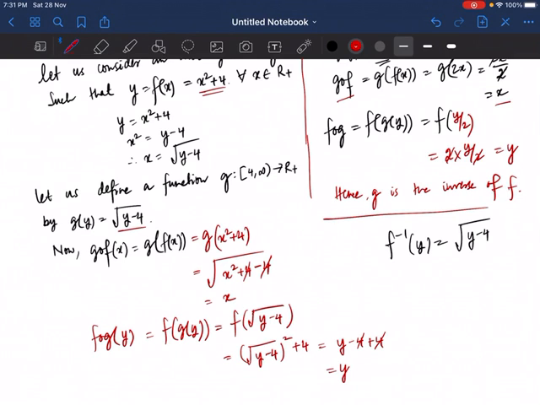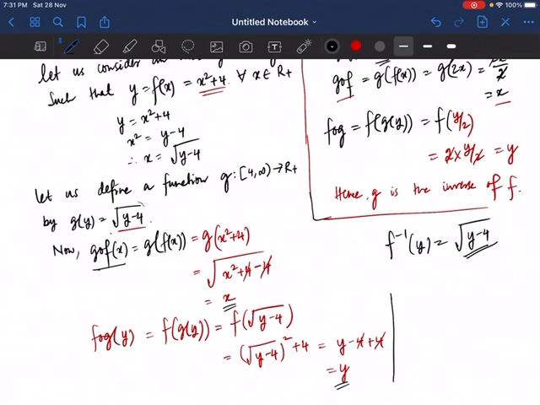So what do you see? When you do g of f, you're getting x, which is the identity function of f, and when you do f of g, you get y, where y is the identity function of g, right? So in this way it proves that the function g which we have defined is the inverse of f function. And what was the g function? G function is root over of y minus 4.